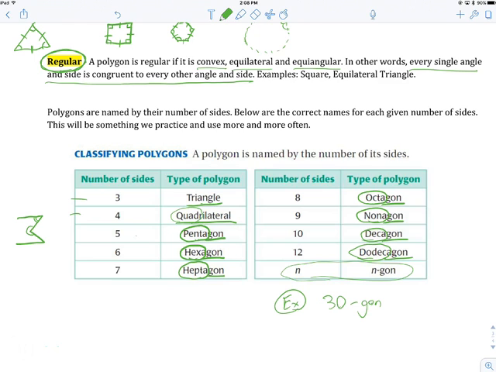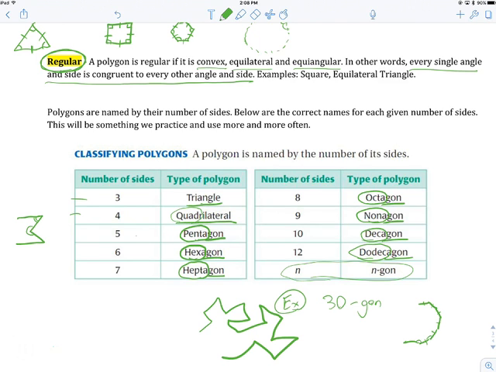And that would mean it is a 30-sided shape. Unless I say it's regular, this could be any 30-sided shape with zigzag, just wonky, whatever. But if I say it's a regular 30-sided figure or regular 30-gon, then it's going to be hard to draw because it would just look like a circle. But you would know that every side is congruent to one another and every angle is congruent to one another.